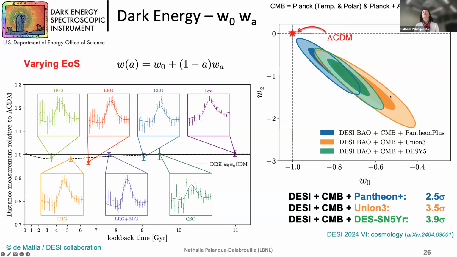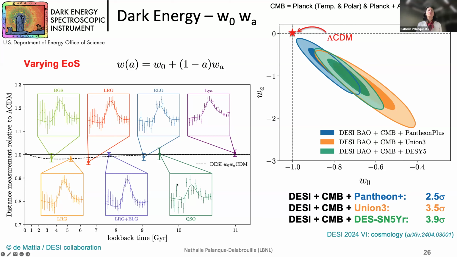What is extremely interesting to notice is that a lambda CDM cosmological model would necessitate W0 equals -1 and Wa equals 0. And this is several sigmas away from the best fit values that we obtain with any of these samples. The tension ranges from 2.5 sigma to 3.9 sigma, depending on the supernova sample that we're using, but always at least 2 and almost 4 sigmas away.